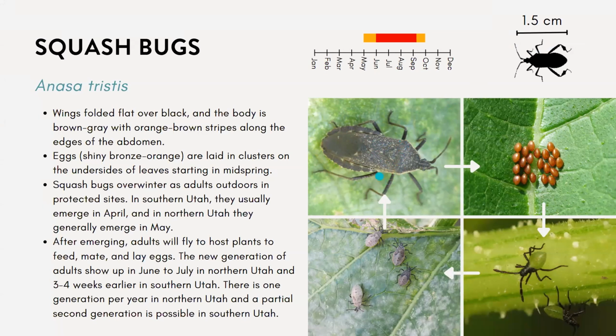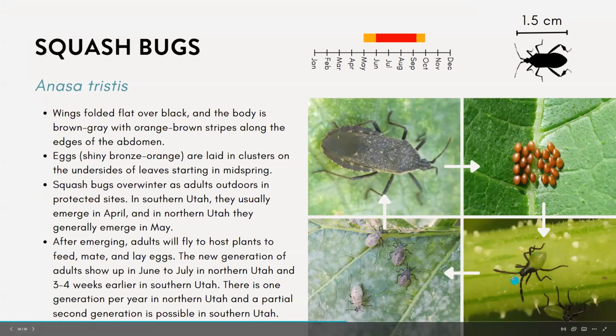And they also have these kind of light brown stripes along the edges of their abdomen. They will lay these shiny bronze, orange colored eggs in clusters, usually on the undersides of the leaves in the mid-spring. And these eggs will hatch. The first instar is a bright green color, but as it develops through the different stages, they'll begin to resemble the adult more.